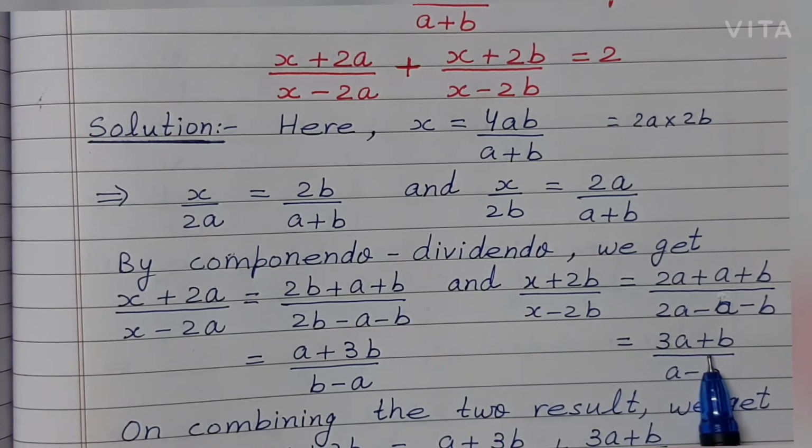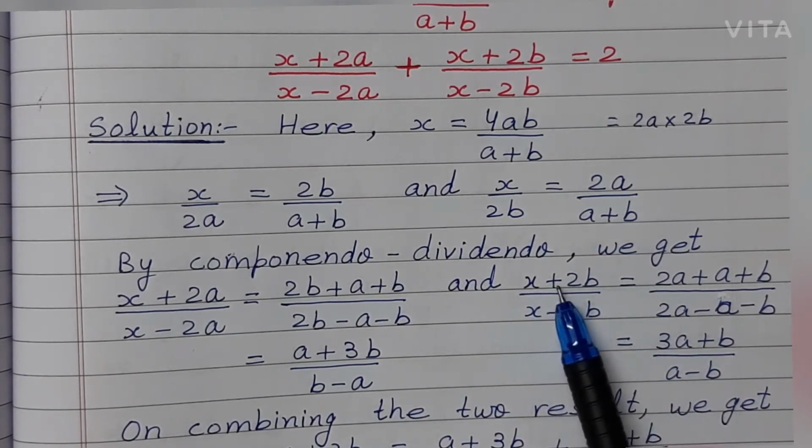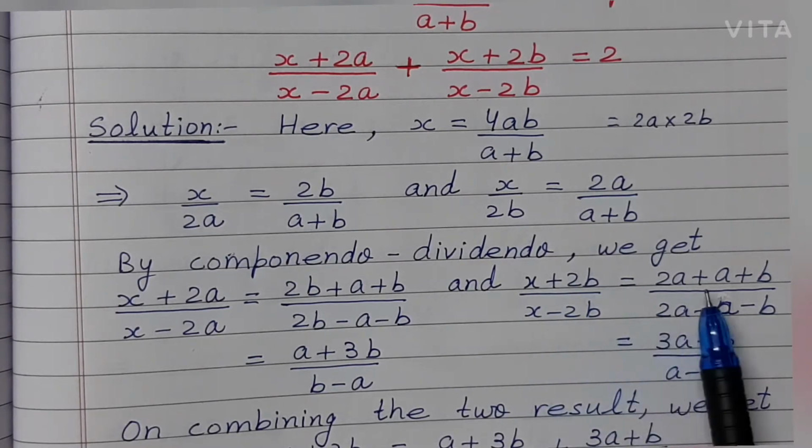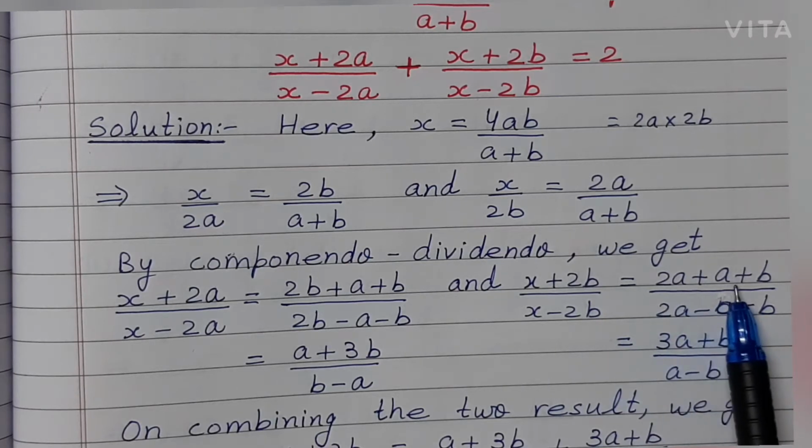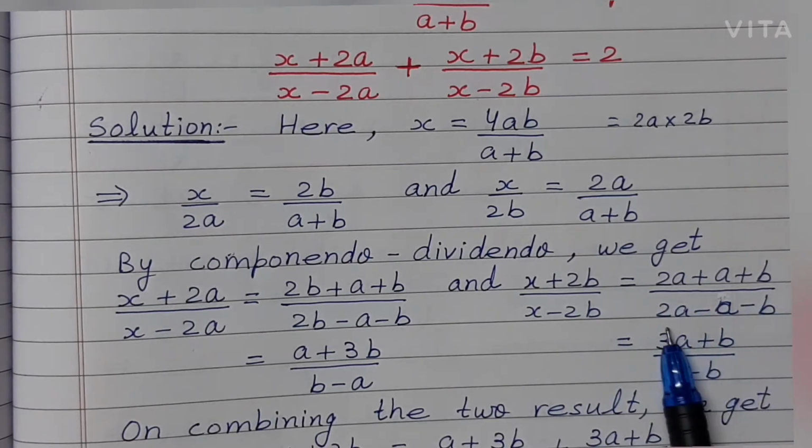Similarly, in second case, (x plus 2b) upon (x minus 2b) is equal to (2a plus b) upon (2a minus b). So that is equal to (3a plus b) upon (a minus b).